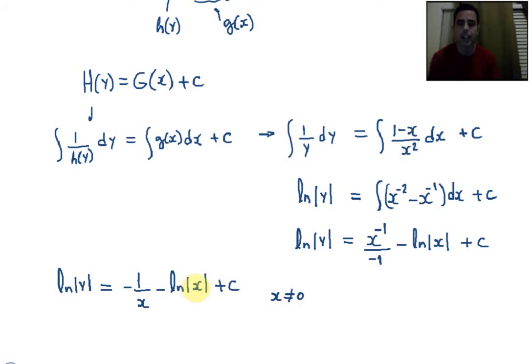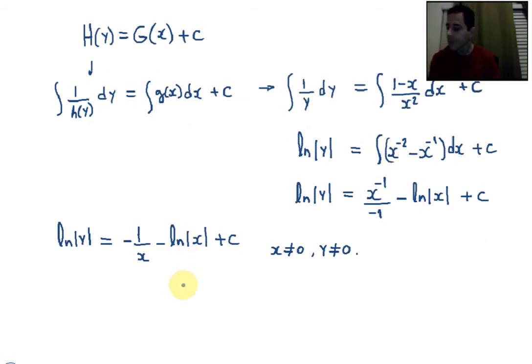This is the absolute value of x. x shouldn't be 0 in the natural log here. So that's one condition. The other condition is that the y variable cannot be 0. Inside a natural log, you can't have negative numbers. But since this is an absolute value expression, it's okay for x and y to be negative because the absolute value makes it positive. Okay, so that's the solution.